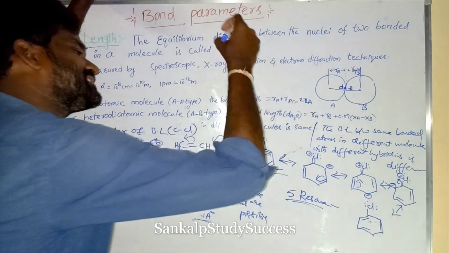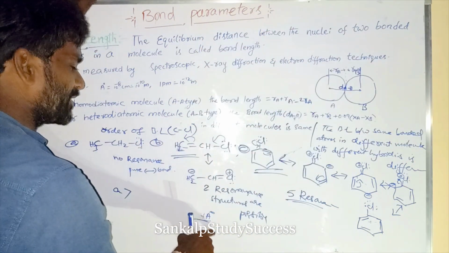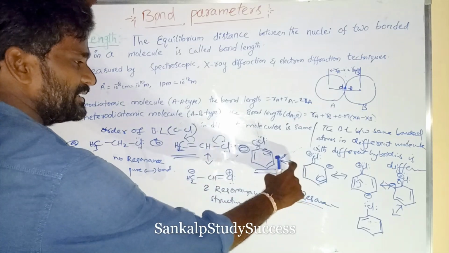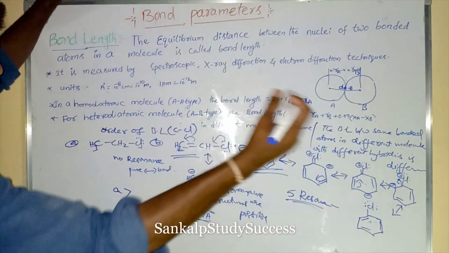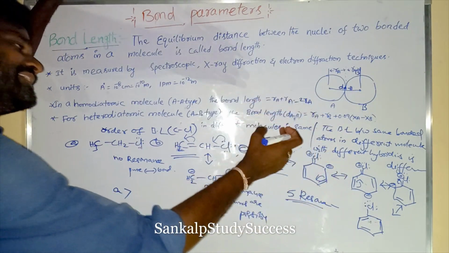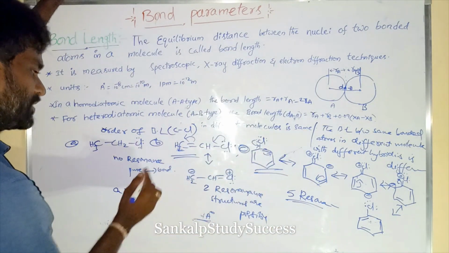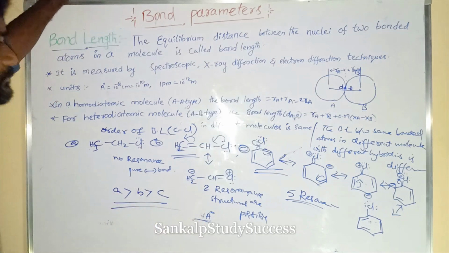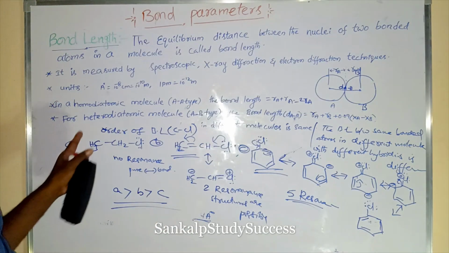Its bond length is very less. In these two, it has two resonance structures, and here it has 5 resonance structures. Whichever has more resonance structures, its bond length is less. So according to this, next goes B, next C. This is the bond length order in this question.